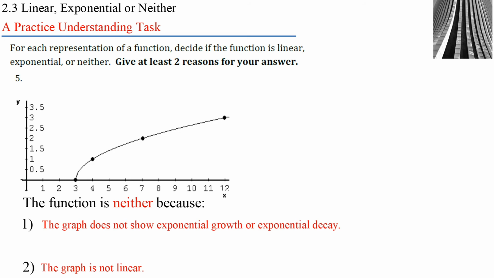Okay, but what I want to talk about then is, is this graph the graph of a continuous function, a discrete function, and what's the domain? So it looks to me like we have a solid curve here. That implies we're continuous. All right, and because we're continuous, our domain, we're going to use interval notation.